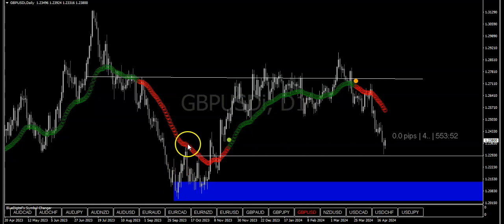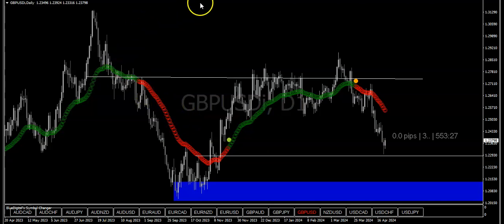So now we got impulse, pullback, impulse, pullback, impulse, pullback. You get it? It's just common sense, and it's basic information that you guys pass up. You're so caught up in so much stuff, you just forget about the basics.